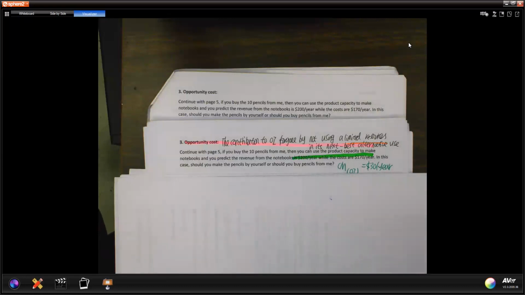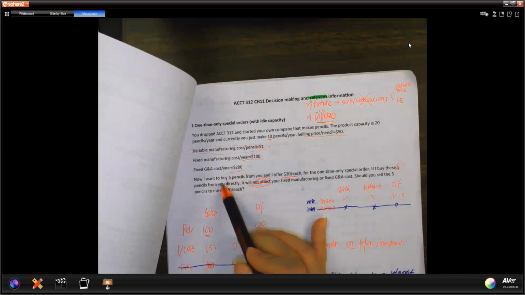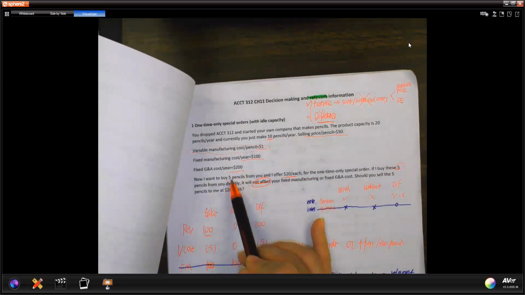Think about your business situation. Say you can make 20 pencils and currently you are making 10. Remember the first case: I approach you and ask, how about making 5 pencils for me? Your capacity is 20 pencils, you are currently making only 10, and then I approach you with a 5 pencil order.